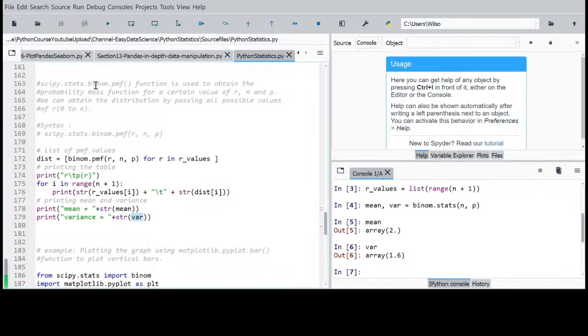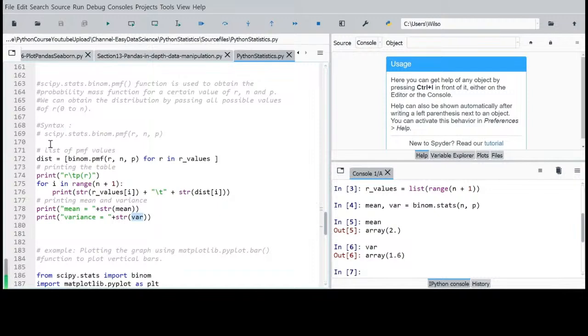And the scipy.stats.binom.pmf function is used to obtain the probability mass function for a certain value of r and p. So we can obtain the distribution by passing all possible values of r from 0 to n.